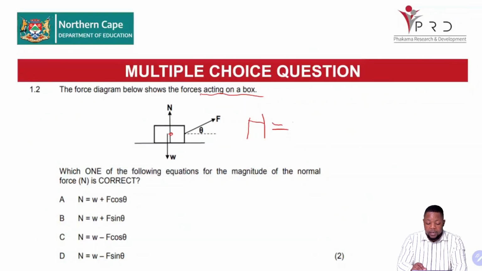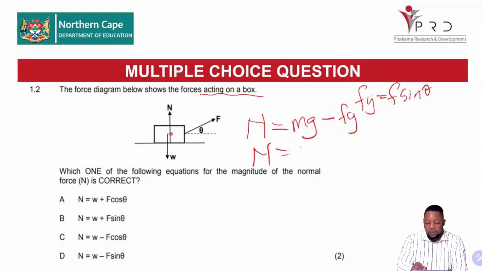We indicated that the normal force here will be Fg minus Fy. But we have indicated as well that our Fy is equal to F sine theta, meaning that this normal force can be calculated as mg minus F sine theta. So you are prepared for your exam and you know this.